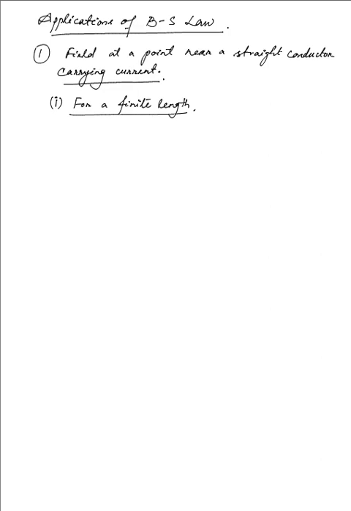So this is a wire which is carrying current, and supposedly it is carrying current in this direction, the upward direction. It can, however, go in the downward direction as well.